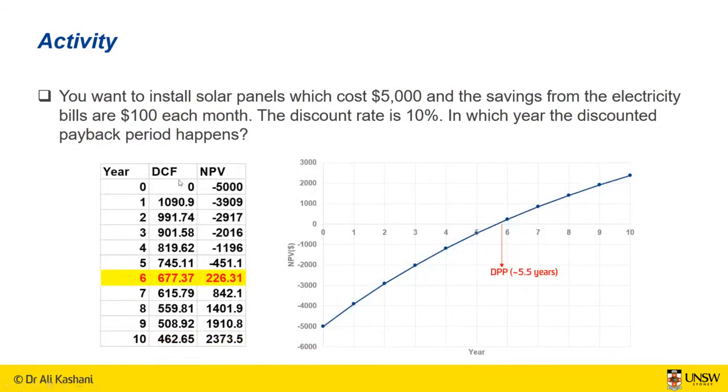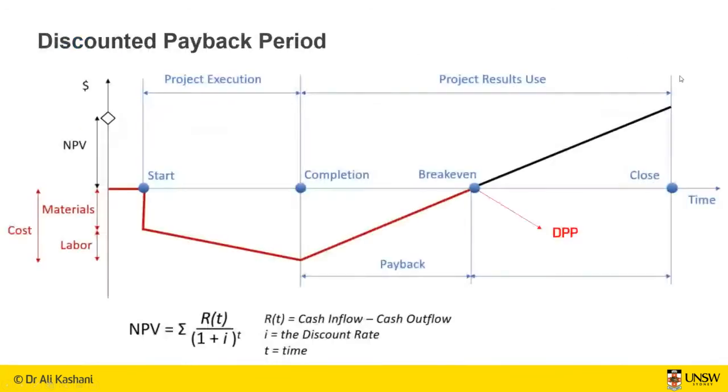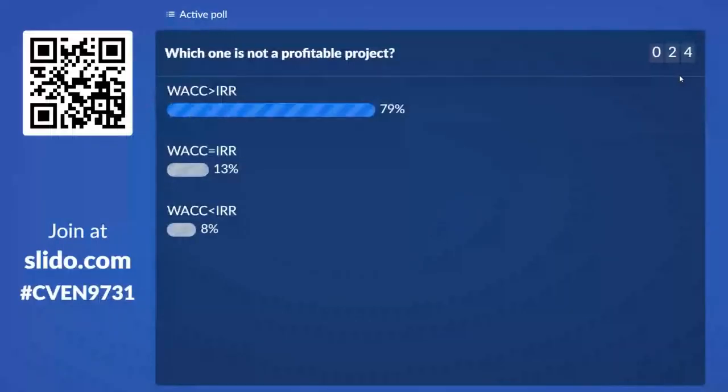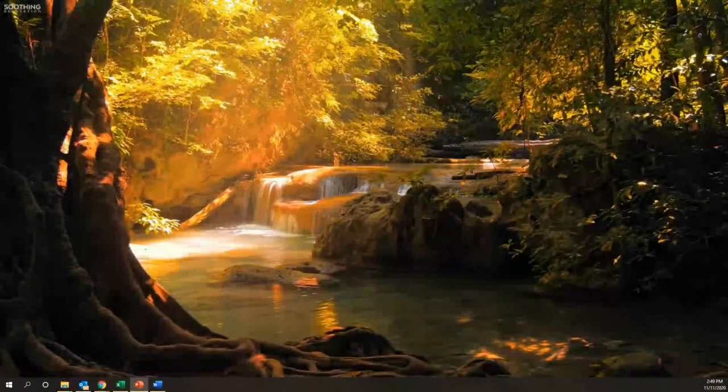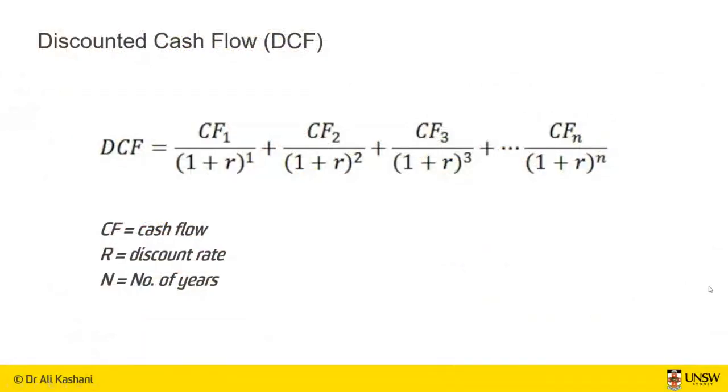So the calculation process for discounted cash flow, we already showed, is similar to what you've done here. You just use the cash flow for each year, the discount rate, and the number of the year. This is for year one, this is for year 2, and for year 3.